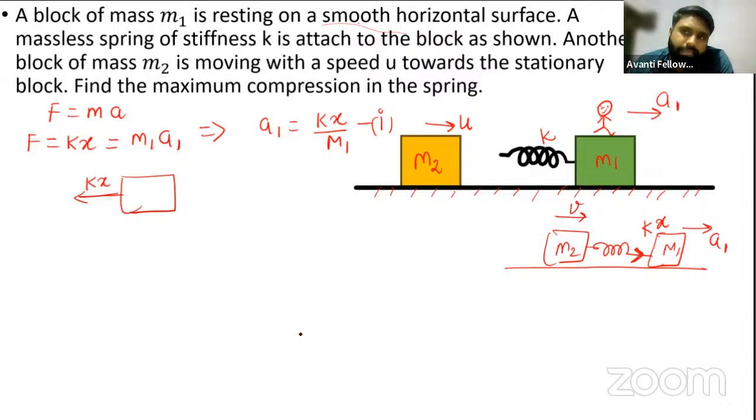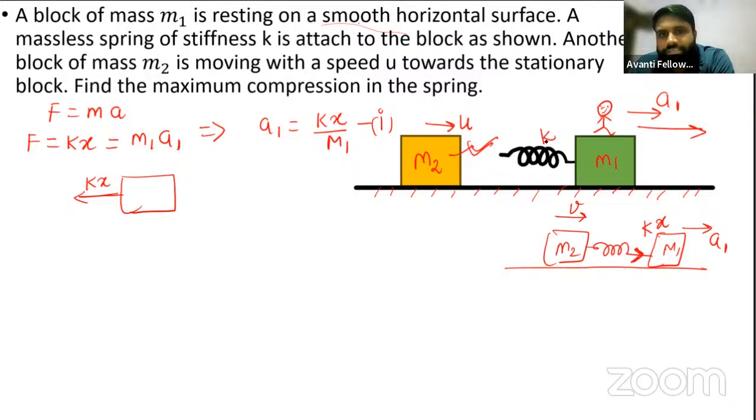So if we want to apply Newton's law in a non-inertial frame, as I have told you in the discussion of laws of motion, we have to apply a pseudo force on the particle which is moving in this frame, and which we are observing in that frame. We are observing this block m2, so there must be a pseudo force acting on this block m2, which is opposite in the direction of motion of the frame.